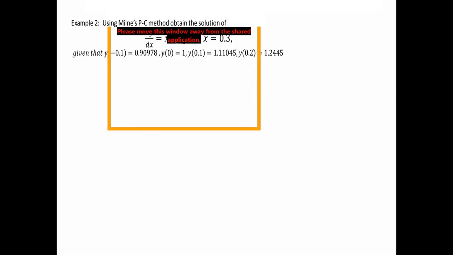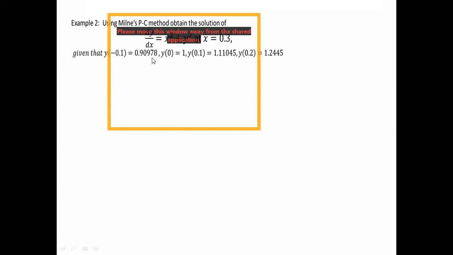To get 0.3 here, h, the difference between 2 consecutive values of x, is 0.1. So h is 0.1. So first value you have to get at 0.2, next 0.1, next 0. So these values must be considered. Sometimes 5 values are given and 1 point you have to delete.